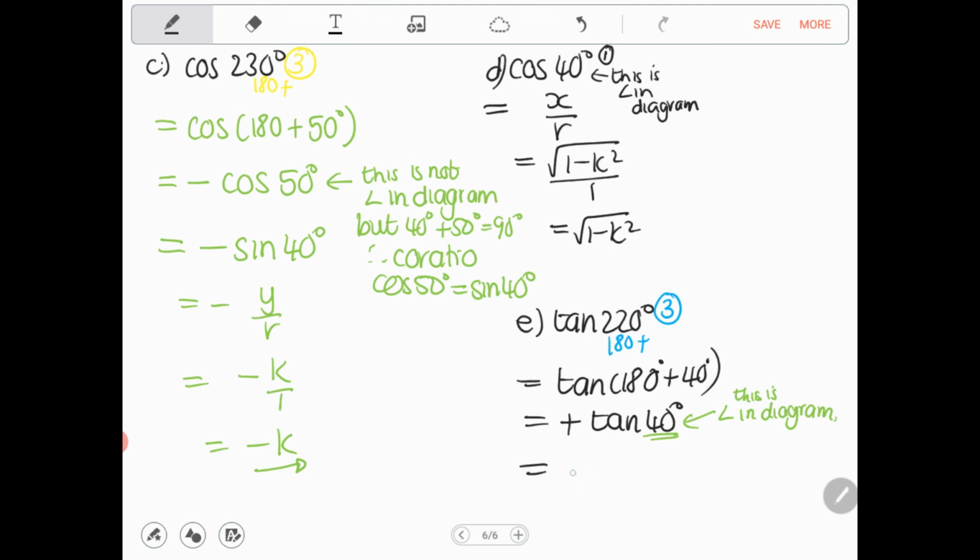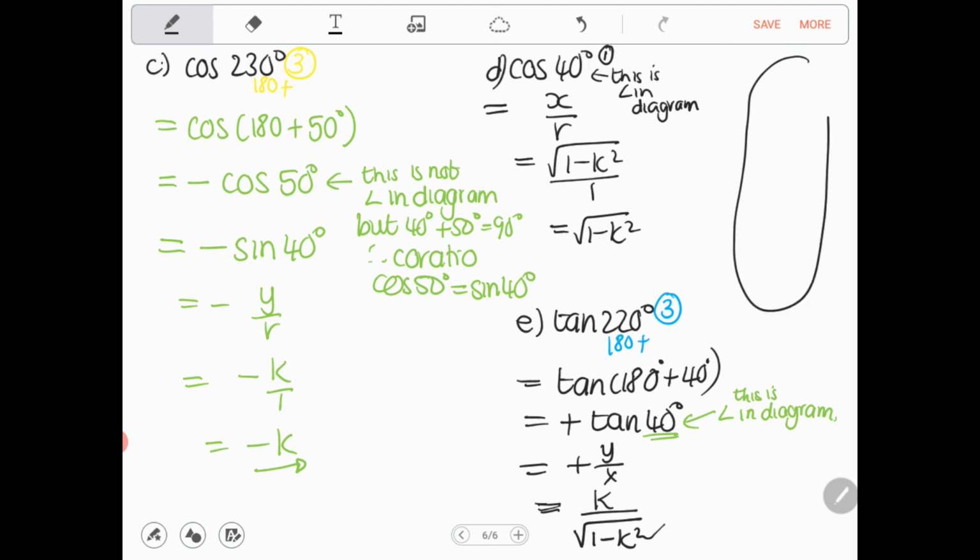So this is going to be positive tan, y over x. If you look back, your y is going to be a k, and your x is going to be the square root of 1 minus k squared. Just a reminder, my x was the square root of 1 minus k squared, my r was 1, my y was a k, and my angle was 40 degrees that I was looking at.